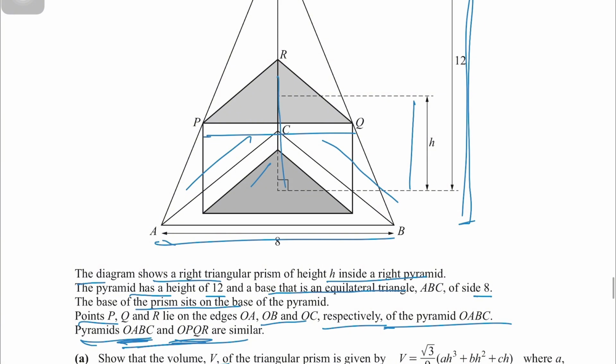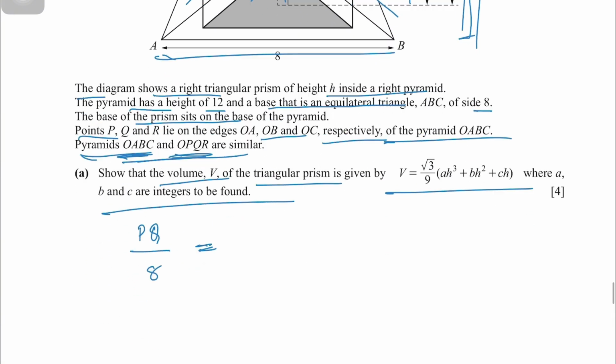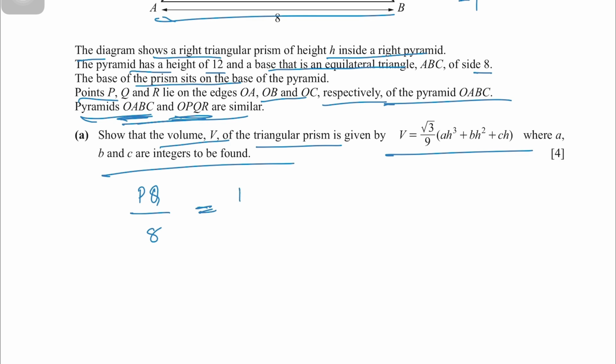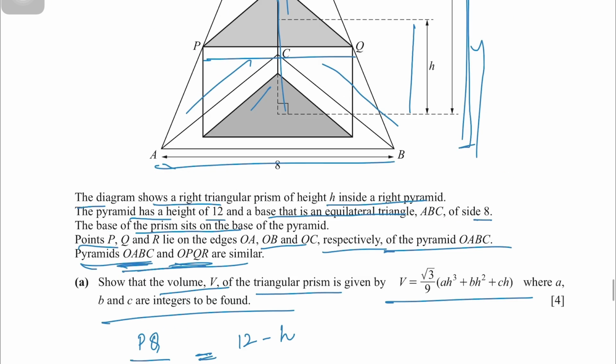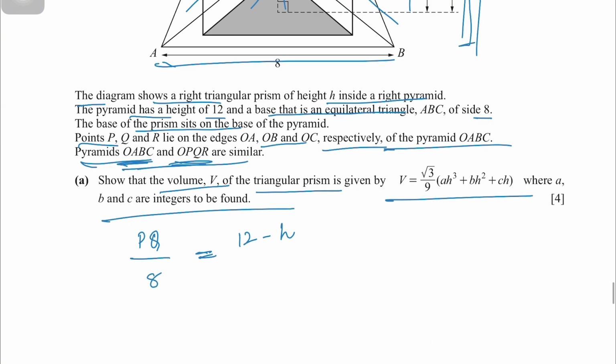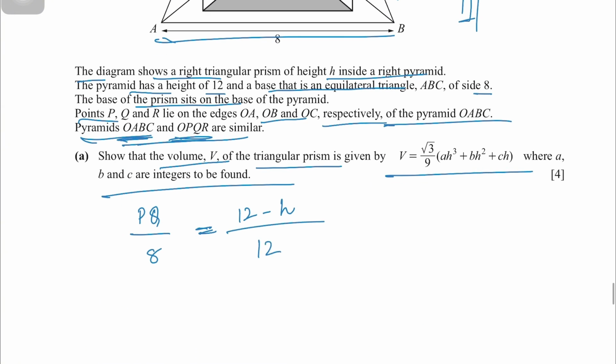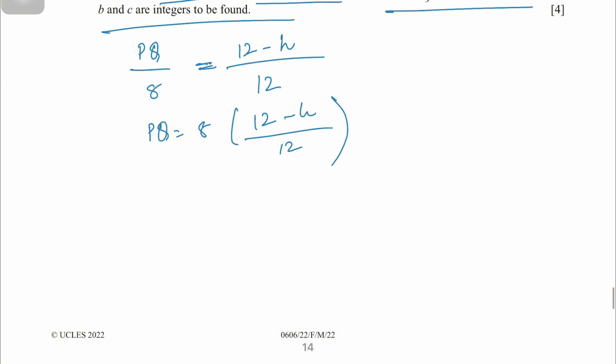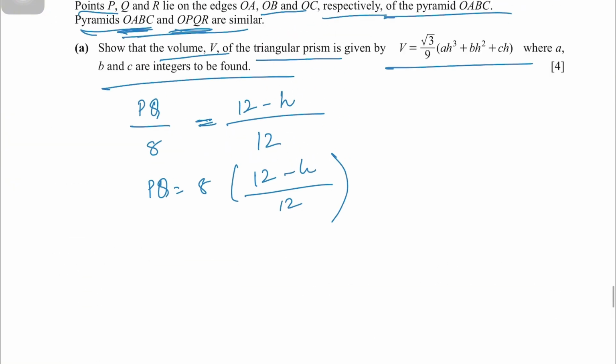This has a height of 12 minus h, and this whole has a height of 12. Since we have taken PQ, we need to calculate this height. So this would be 12 minus h, and this height is basically 12. So we have our PQ as 8 multiplied by 12 minus h over 12. We have our PQ here, right?